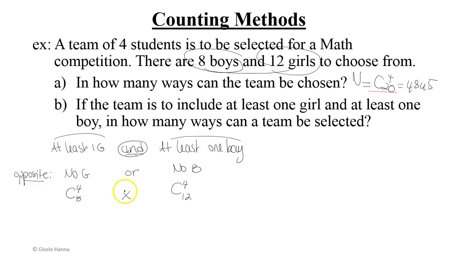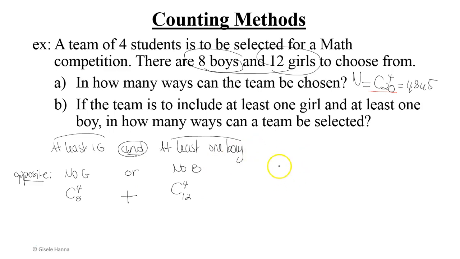However, over here in this case, this combination forms one possible team and this one forms another team. So since these are different possibilities, in that case we add. So over here, by adding these 2, you would have the cardinal of the opposite event.